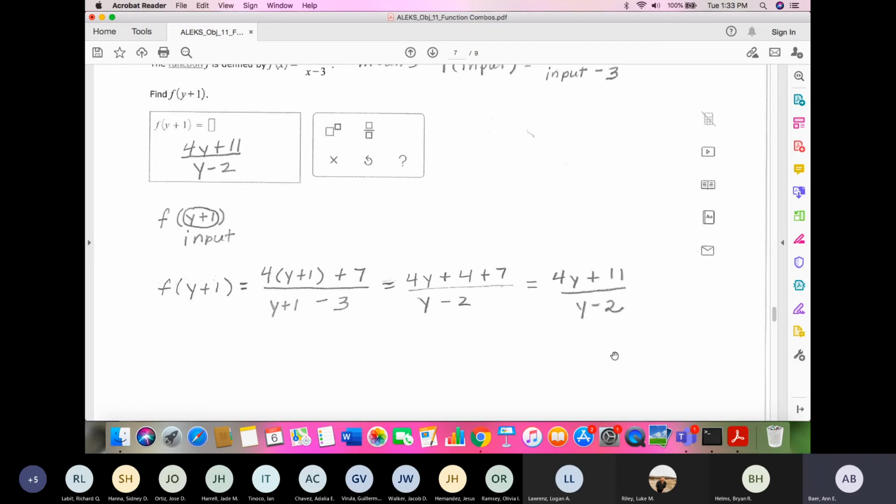Will that work? 4 plus a negative 11 halves, if I figure out what that is, just to give you an idea of what I'm doing, I get negative 3 halves. That means for every number I would plug in for y here, I've got to get an answer of negative 3 halves.